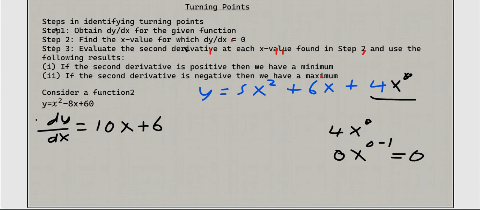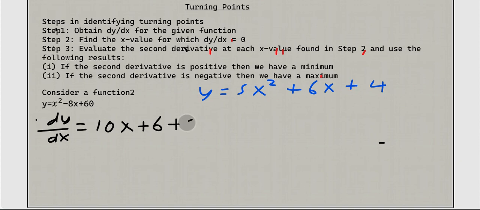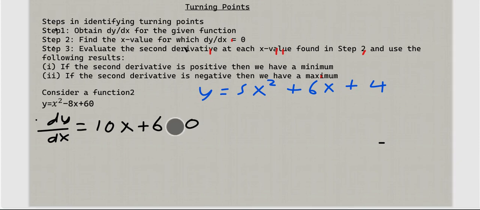It's of course 0. Any whole number, when you differentiate it, you always get a 0 as the derivative. That's why we didn't add plus 0. So when we differentiate this function, you get 10x plus 6.